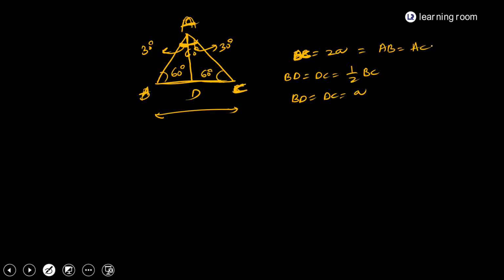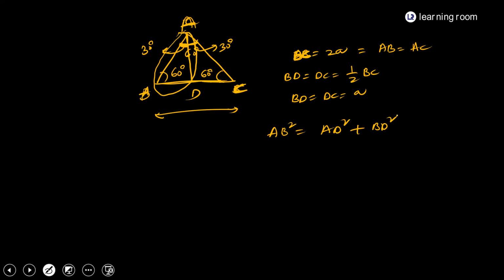Using the Pythagoras theorem, what will be AB square equal to? AB is the hypotenuse here. Now consider this triangle. AB square equal to AD square plus BD square. Now AB is 2A, so 2A whole square equal to AD square plus BD square.